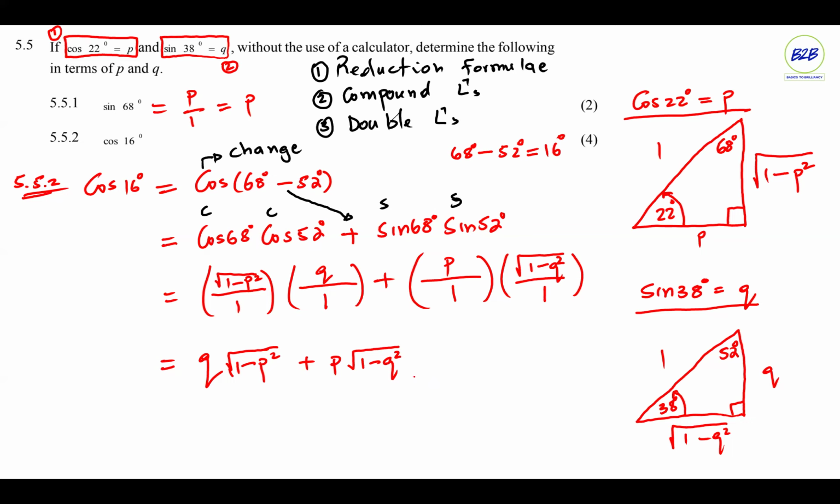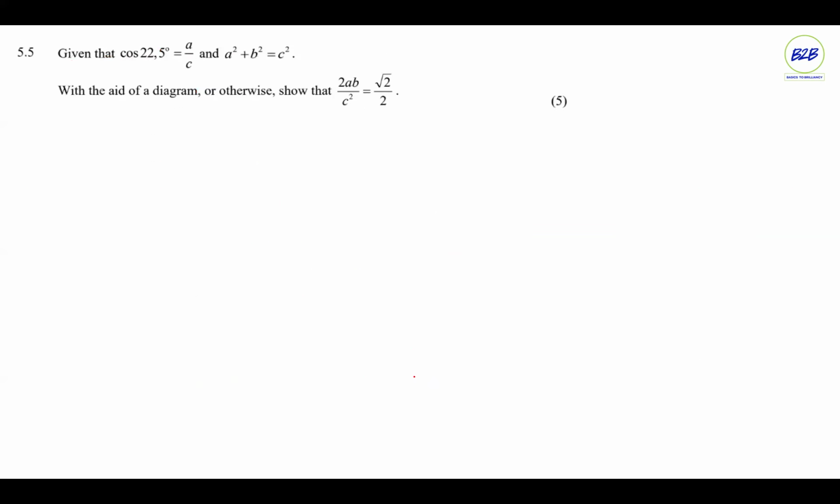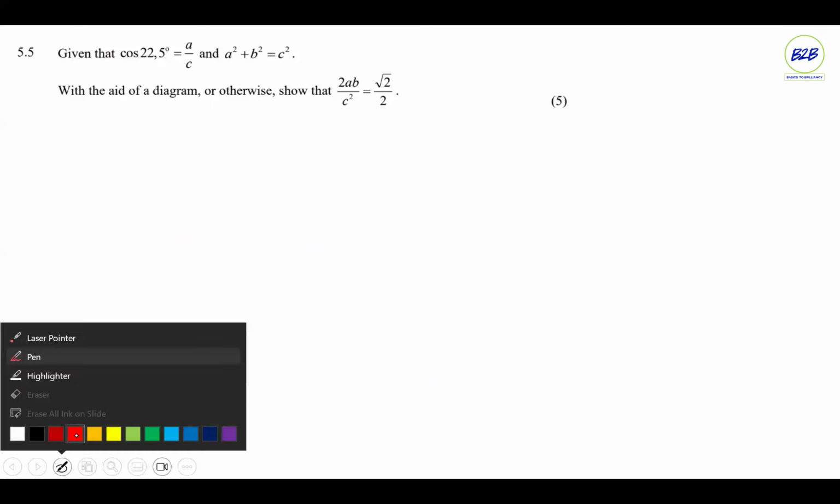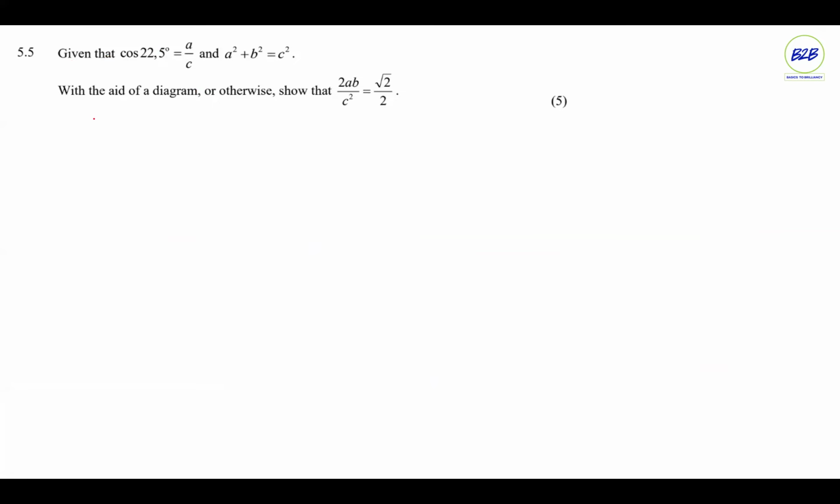Now let us go to our very, very last question. This is an interesting one. Love it. So here we are given that cos 22,5 degrees is equal to A over C. That is our very last question in episode 2.